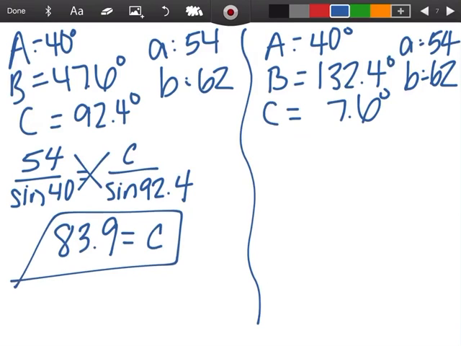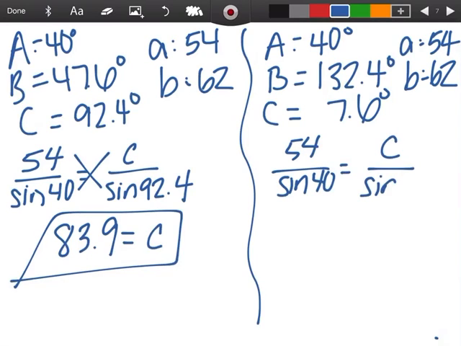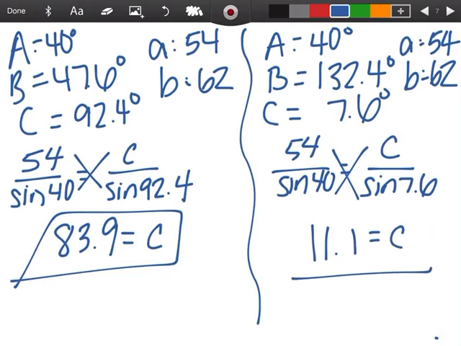And then on the other triangle, so this is a completely separate triangle, if I set up 54 over sine of 40 equals c over sine of C, in this case, C is 7.6. So I'm still going to cross multiply, but I'm going to take 54 times sine of 7.6 and divide by sine of 40 and get that c is 11.1.